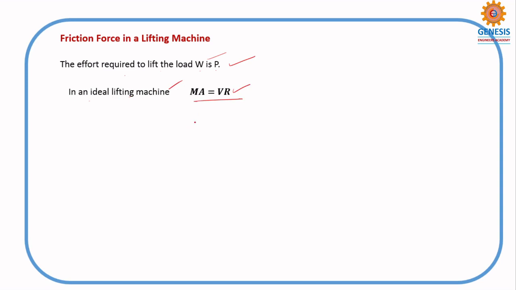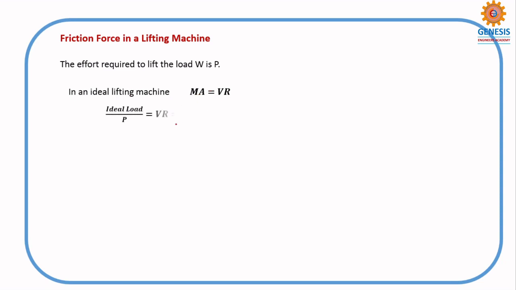You know that. Ideal machine means efficiency is equal to 1, or otherwise 100%. So in that case, mechanical advantage by velocity ratio is equal to 1, right? That is proved.